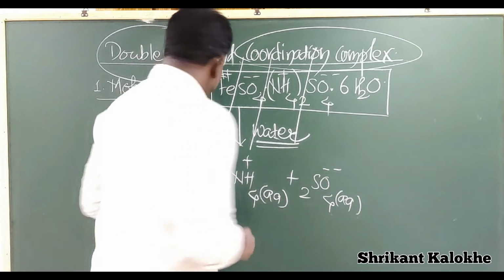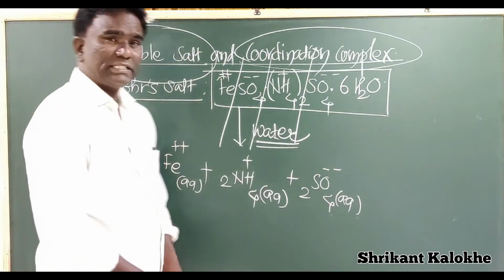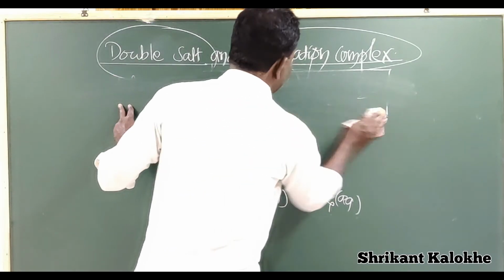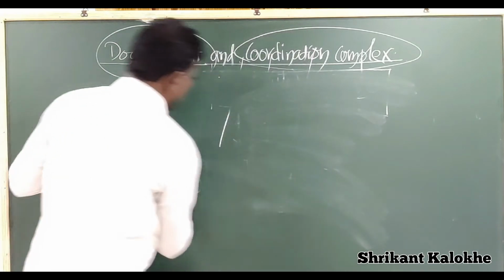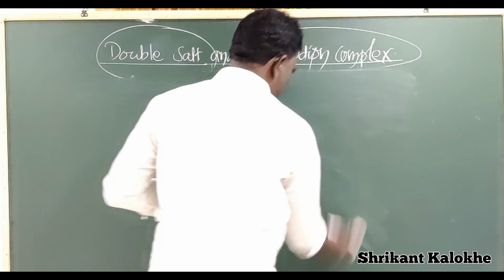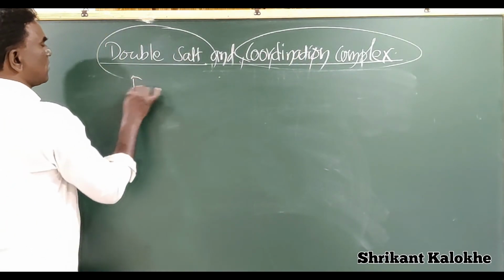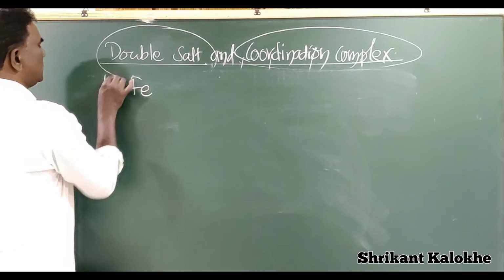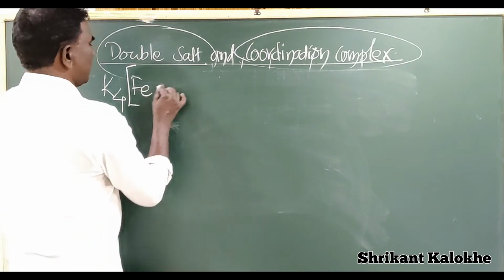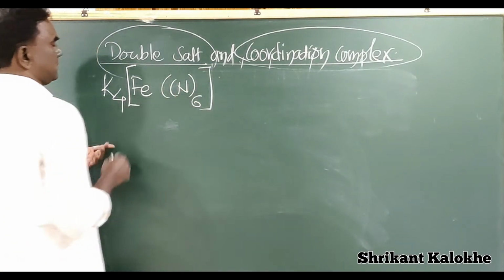But what happens if there is a coordination complex, and how does it differ from the double salt? For that purpose we will discuss one more compound, and its formula is K4[FeCl6].